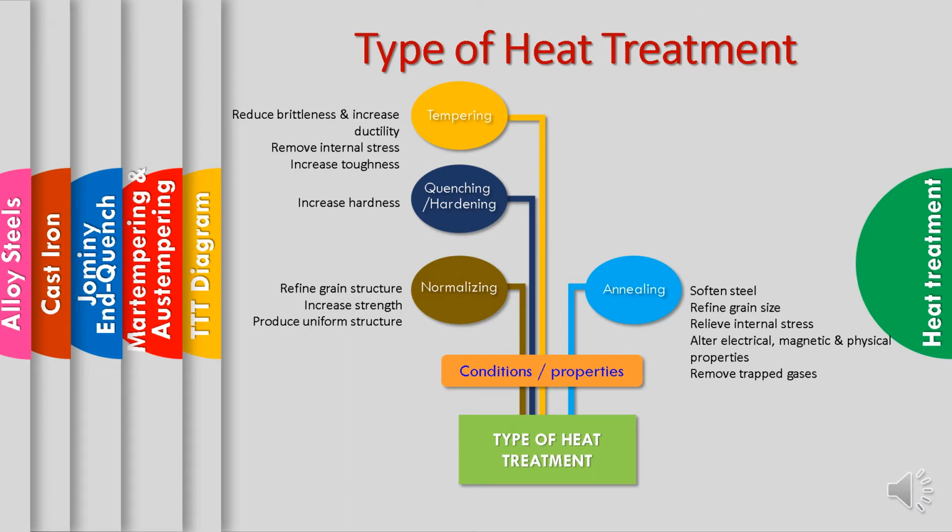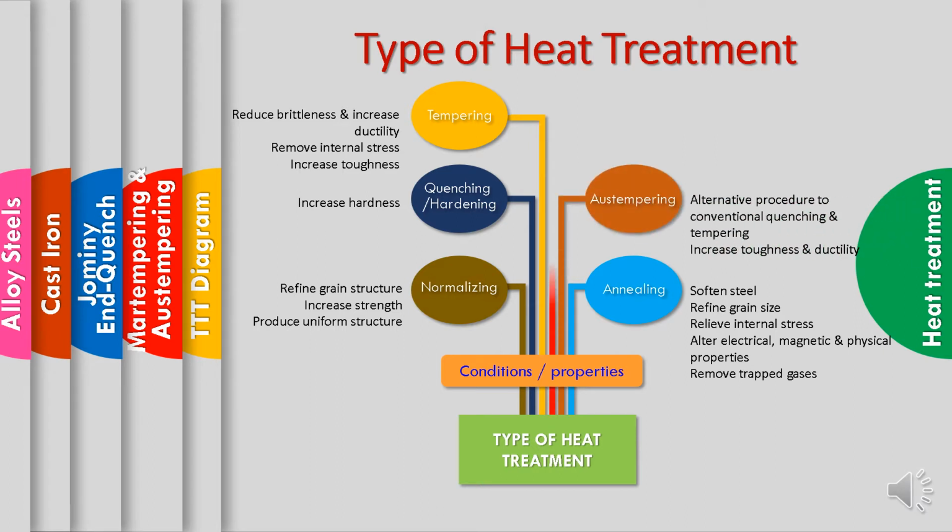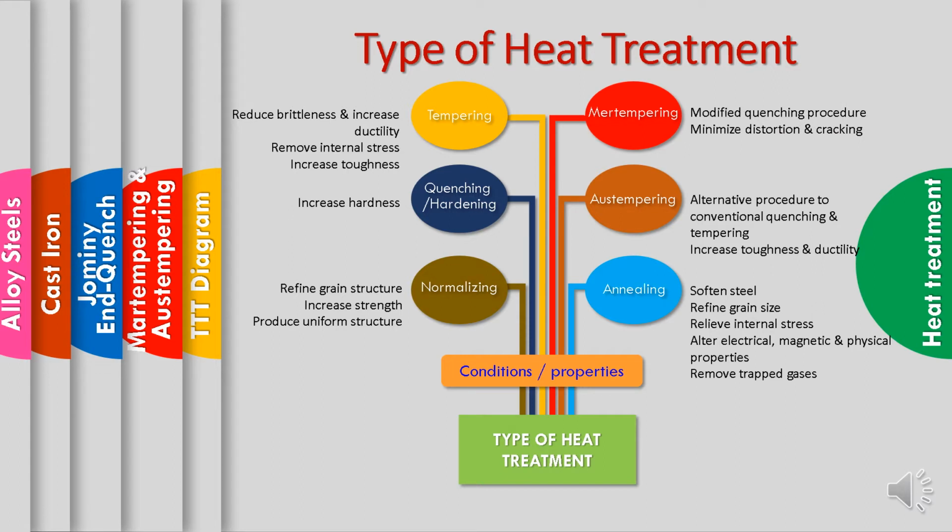And annealing is to soften the materials, especially steel, to refine grain size, to relieve internal stress, and to alter magnetic, electrical, and physical properties. Martempering and austempering are modified quenching processes, which alter the procedure of conventional quenching and tempering.